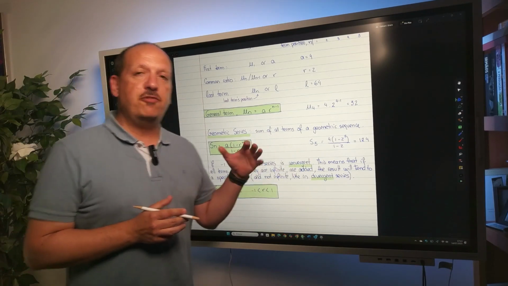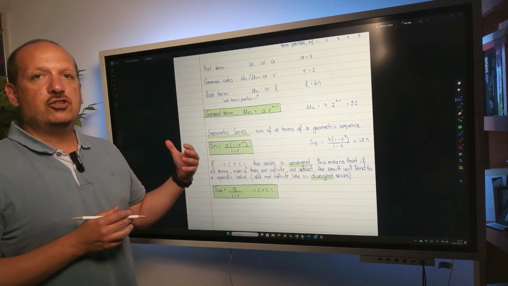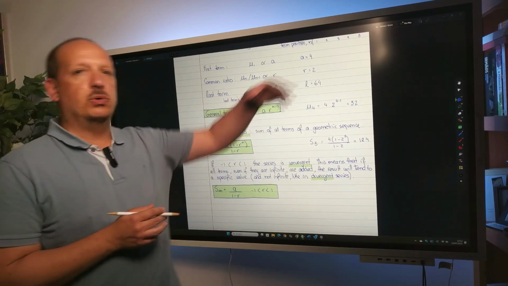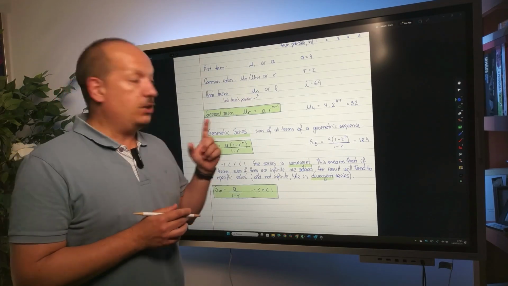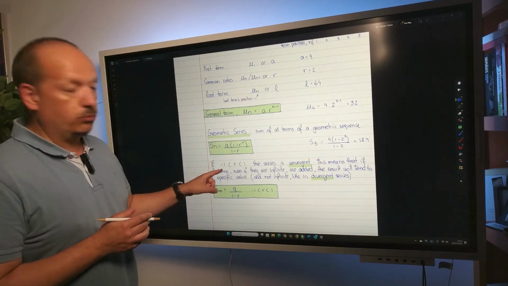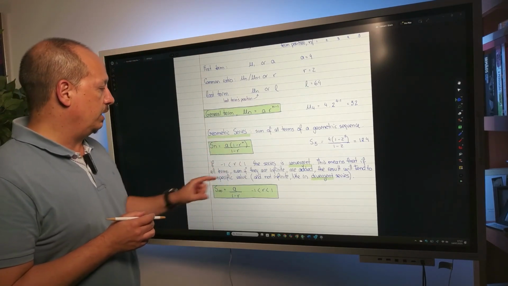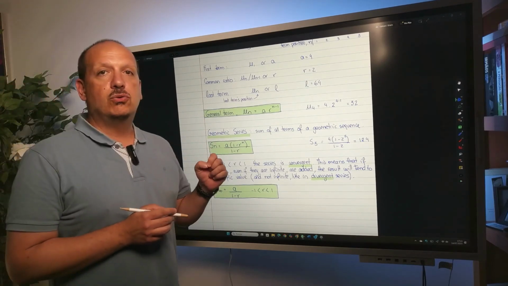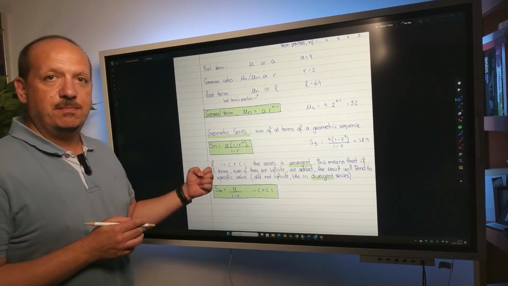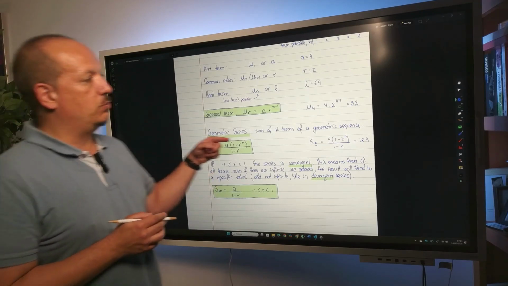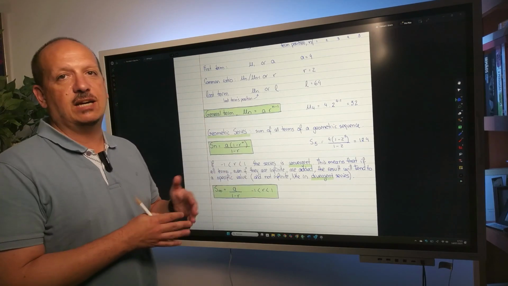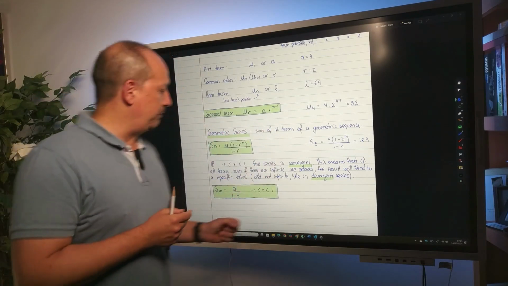This means that if you add them, eventually, instead of diverging to an infinite number, they are going to converge to a specific number. And only in these situations, when the common ratio is between minus 1 and 1, you are going to be able to calculate the sum to infinity, all right? You may add forever all the terms of a sequence, and instead of diverging, instead of going to infinity, you are going to a specific number.